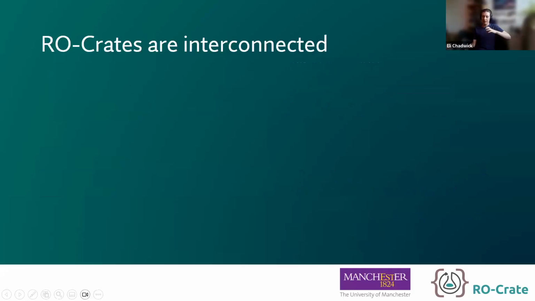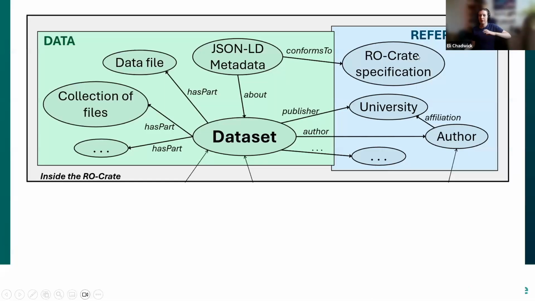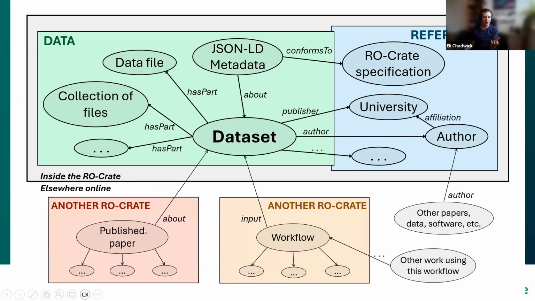And so what we end up with is RO-Crates that are interconnected, not just within themselves, but also more broadly. So within a crate, you have this graph, you have this core descriptor that links to the data files, but also to contextual references. And then this dataset, when you publish it, you give it a DOI. And then another RO-Crate might represent a published paper, and that paper might reference this dataset using its persistent identifier and say this paper is about this dataset.